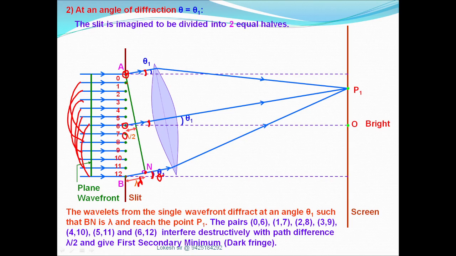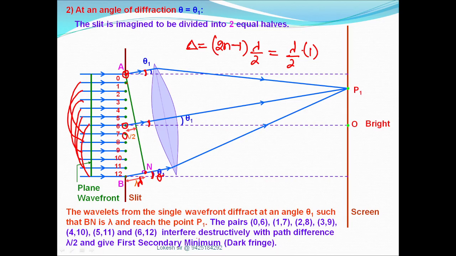So for a path difference of lambda by 2, yesterday we have read that for destructive interference, delta is equal to an odd multiple of lambda by 2, that is (2n minus 1) times lambda by 2. So you are getting lambda by 2 multiplied by 1. This is the path difference. So you will have a secondary minimum.